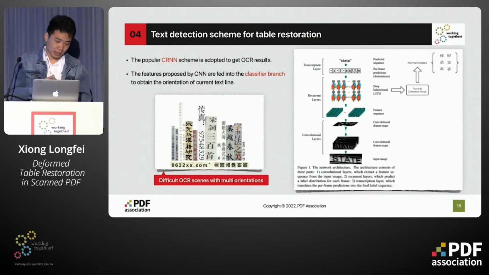The text recognition adopts the most commonly used CRNN scheme, but in order to cope with text in different orientations, we have modified it and added a bypass to predict text orientation, which is very helpful for improving the accuracy of text recognition.